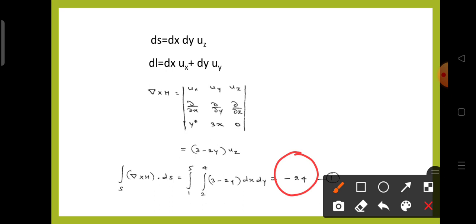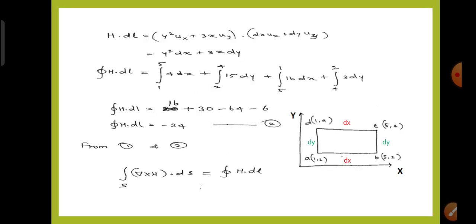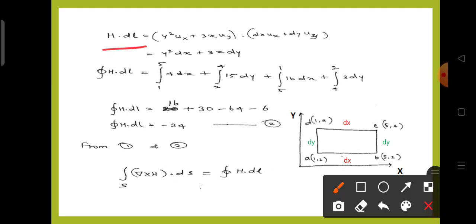We have to check whether we get the same minus 24 from the line integral of H dot dl. See here, H dot dl. H is given, then dl is dx a_x plus dy a_y. So we will get y squared dx plus 3x dy as H dot dl.